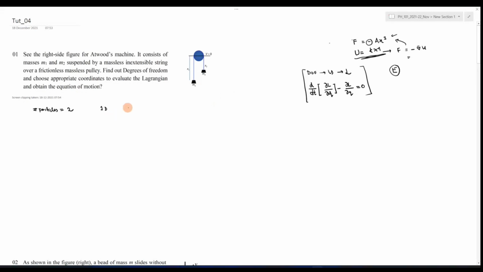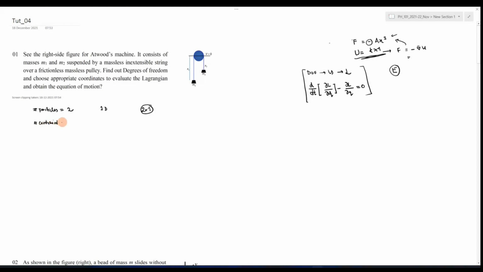So how many coordinates will it require? One for each particle, right? So the total number of coordinates you will require is 2. But there is a constraint. Can you tell me the constraint? Yes, the inextensible string.